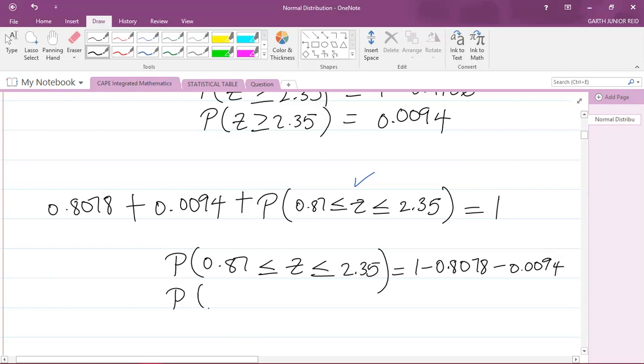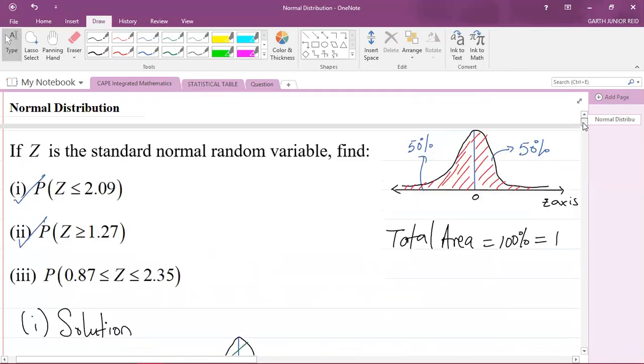And therefore, I can find this probability by simply subtracting those numbers. And when I subtract, I will get 0.1828 as my solution. So that value here is my solution for part 3 of the question. Okay, so part 3 is now completed.